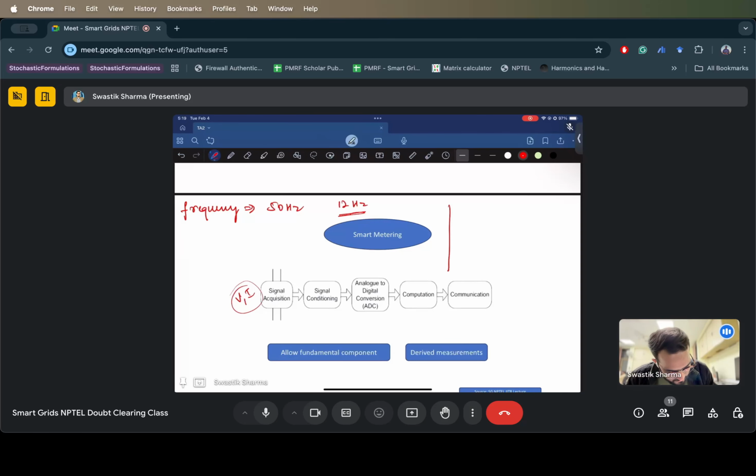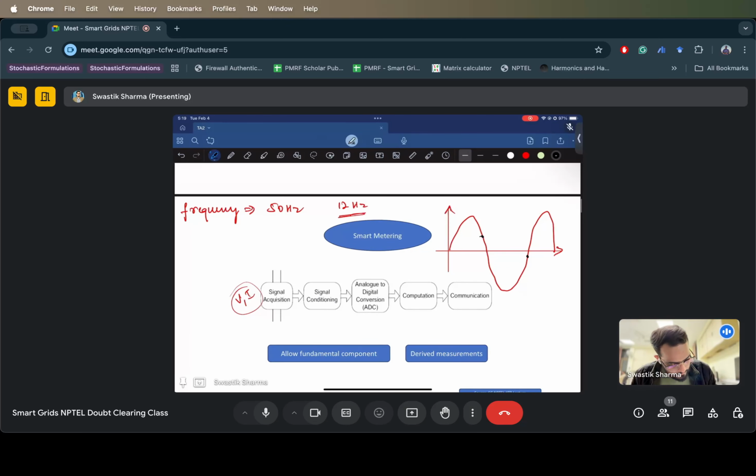So let's say I'll draw it. That would be much better. Let's say this is one signal that I want to acquire, right? Its frequency of operation is 50 hertz. And I acquire data only here, then here, and then here, right? So what I will be getting is something like this, that my signal is this, right?